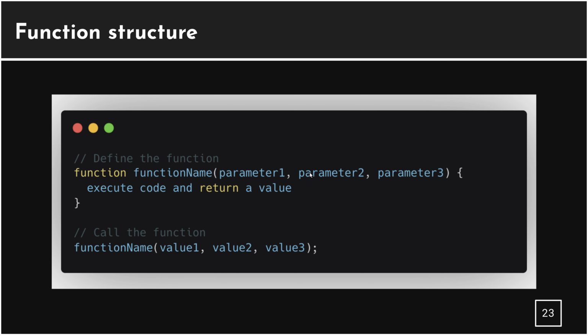We define the number and the parameters that this function may take, and then we define the code block inside the function, which is the set of instructions, and then at the end we return the value. And when we want to use the function, we just have to call it by name and pass in the arguments. And of course, the number of arguments should be the same as the number of parameters in the declaration.